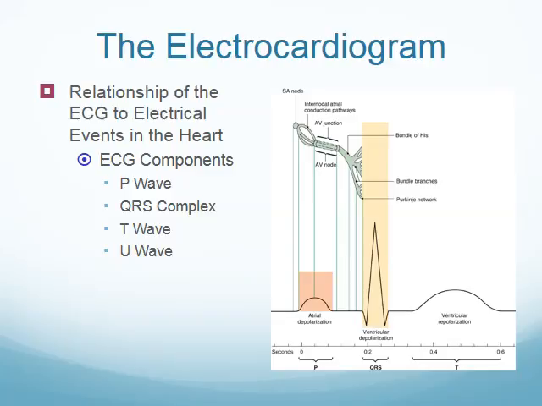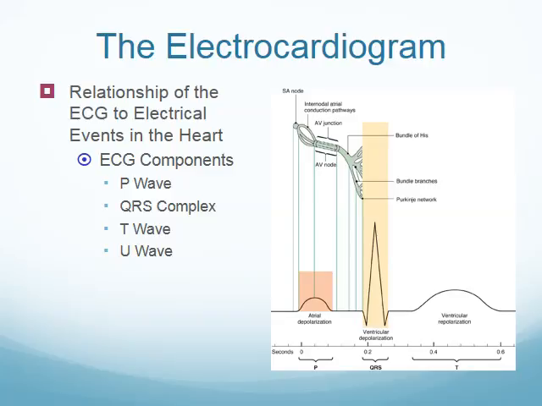What the P wave is representative of is our atria being depolarized. Right here, remember we had a pause because we want time for those atria to depolarize before the stimulus reaches the ventricles. That's while that stimulus is traveling through the AV node and the bundle of His.